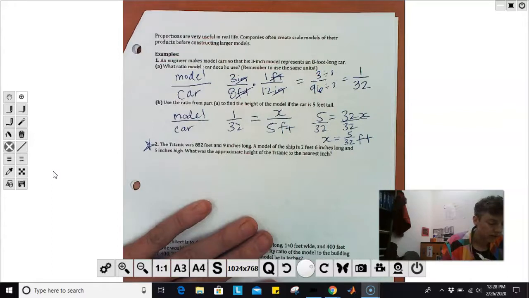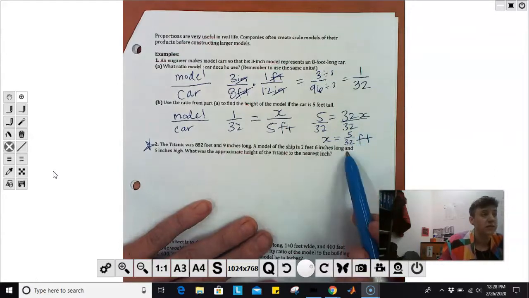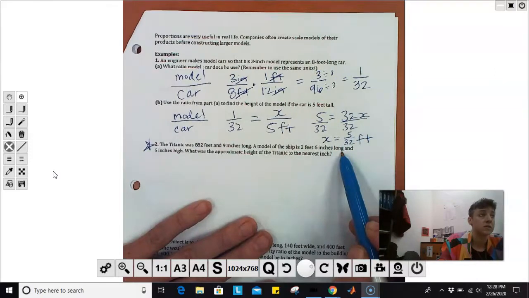Which is, let's think about it. Half a foot would be 16 feet. A quarter of a foot would be 8 feet. So it's a little bit smaller than a 16th of a foot. Is that right?